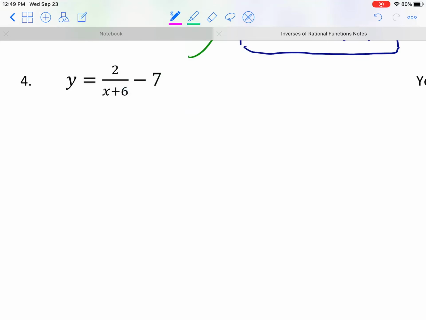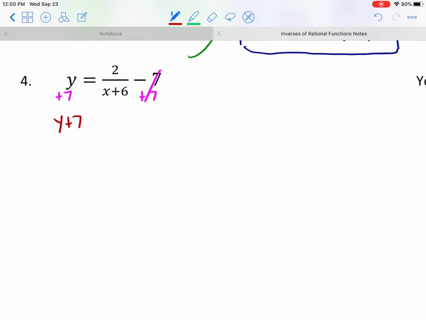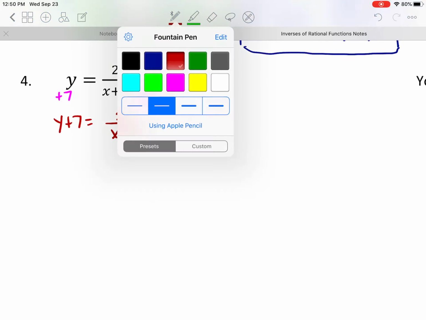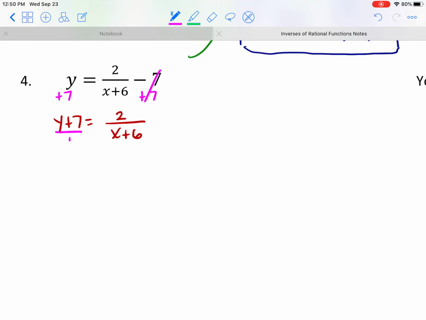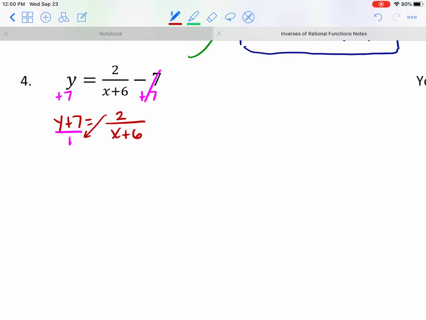So we're actually going to start this one by adding the 7 over, so that this becomes y plus 7 equal to 2 over x plus 6. And now I can make it a proportion. Let me stick my 1 under the y plus 7, and that 7 is no longer an issue. Okay? So now we cross multiply. 2 times 1 is going to be 2.